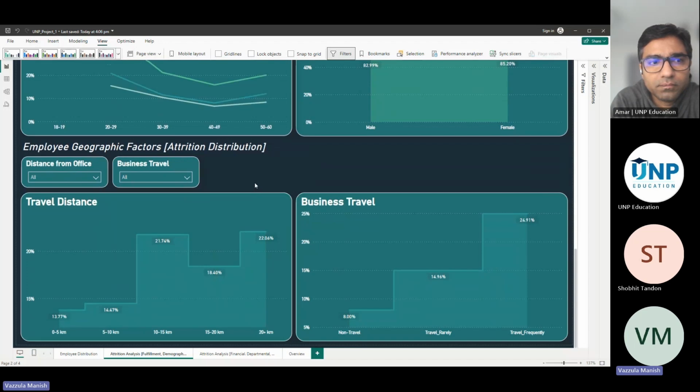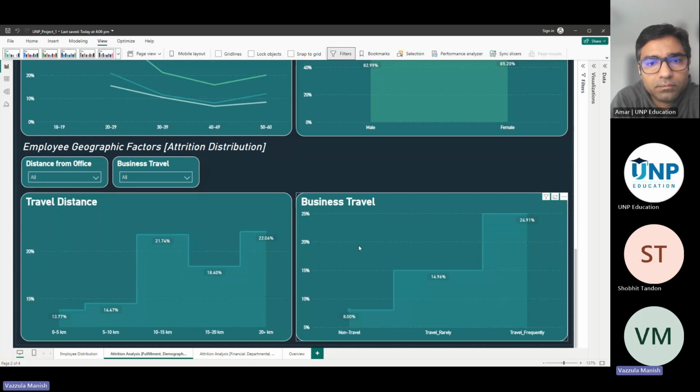This data again has a very clear trend where we see that as the distance from your office increases, you're way more likely to leave the company. We see it go up from 13% all the way up to 22%. So this might be an issue for the company as people who are living further away, again, we see 22%. It's a rather big number, especially compared to our average attrition, which is only 16%.